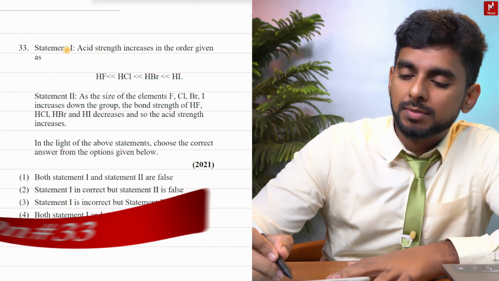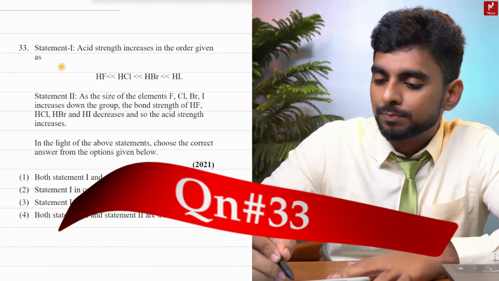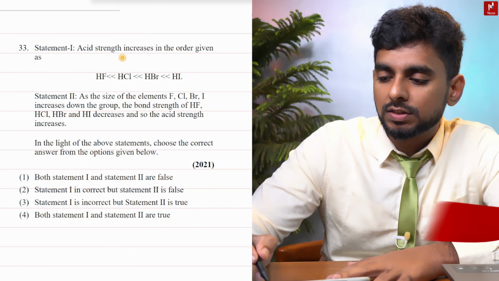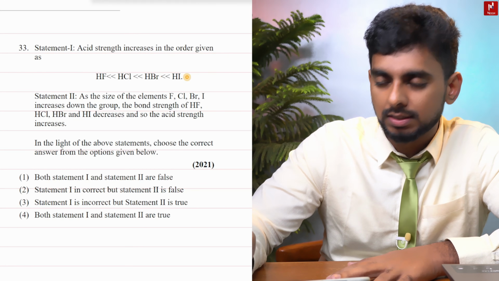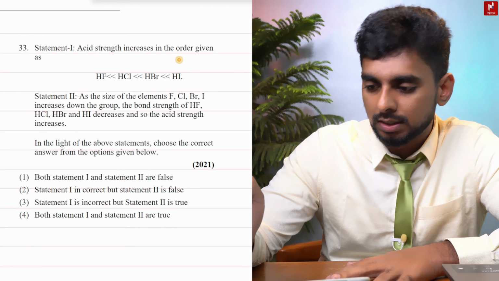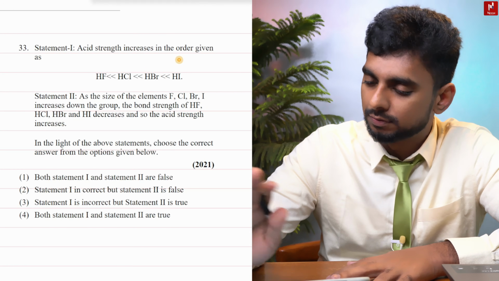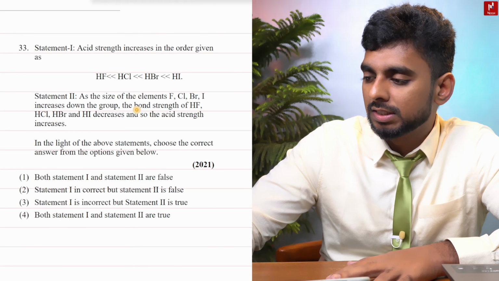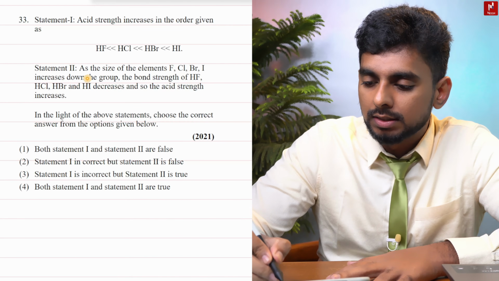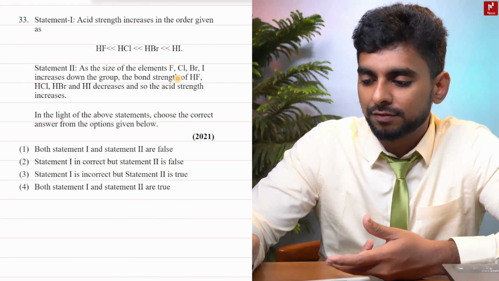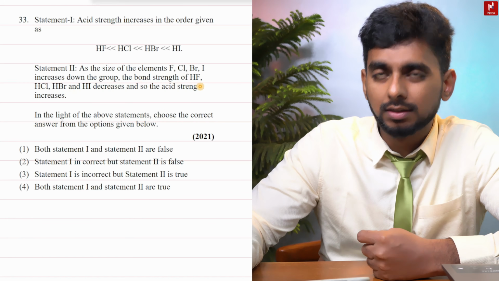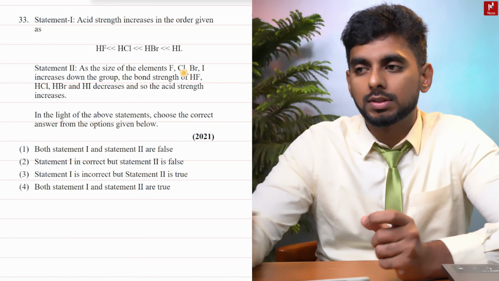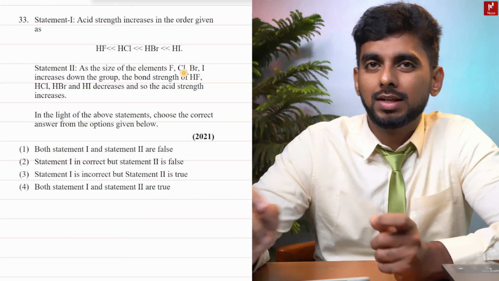This question is a statement based question. Statement 1: acid strength increases in the given order as HF, HCl, HBr, HI. I know in the case of hydrides, as you move down the group, it's going to increase, fine. The explanation that they've given is that as the size of the element F, Cl, Br, I increases down the group, the bond strength changes. We'll learn this more clearly in the next chapter.